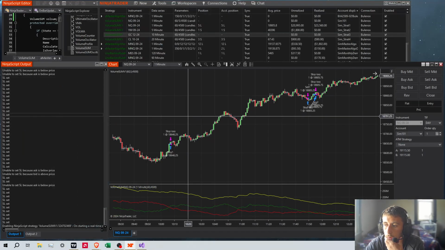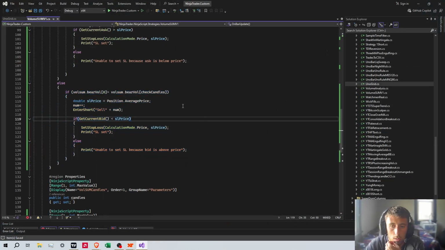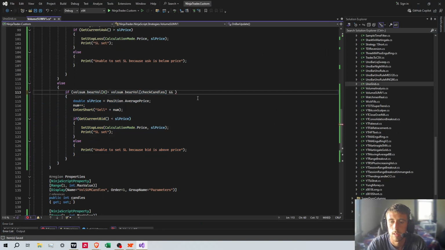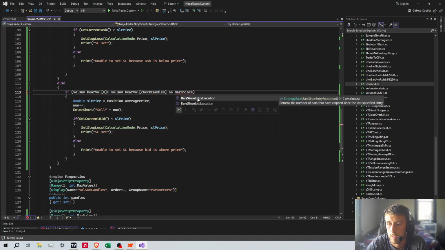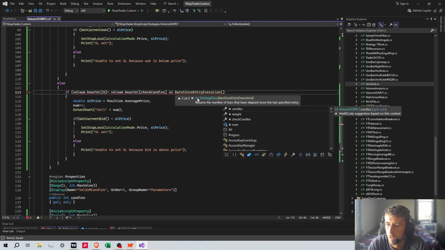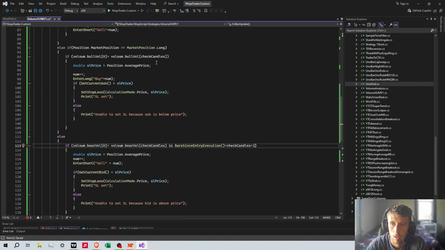So we also need to wait, nice and easy, until the bars since entry execution is greater than the check candles plus 1. And then same thing up here.